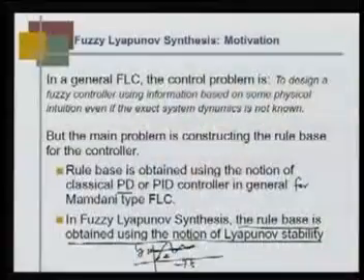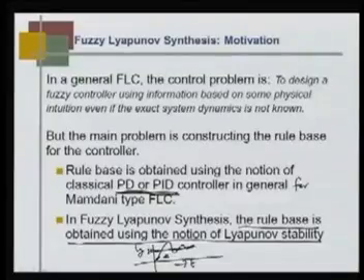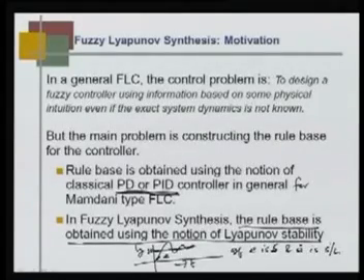So for this kind of PD or PID type of controller, the rule base is: if E is large in this zone and E dot is small or large, then U is large.